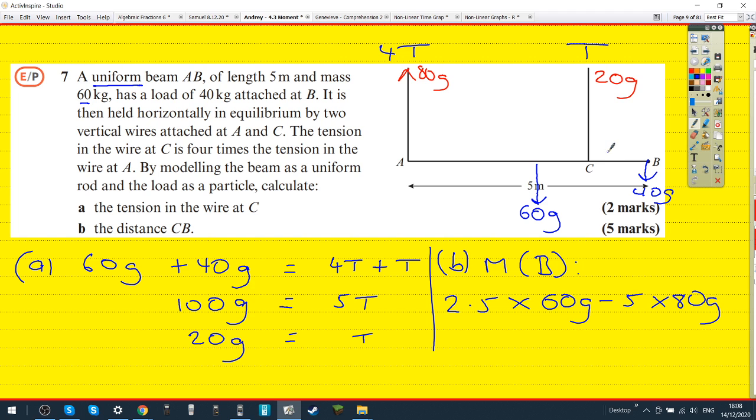And one more. So we did 2.5 times 60G. We did 5 times 80G. And distance times force for the last one.